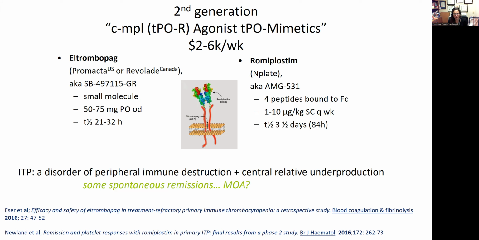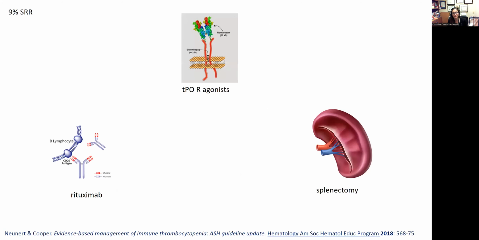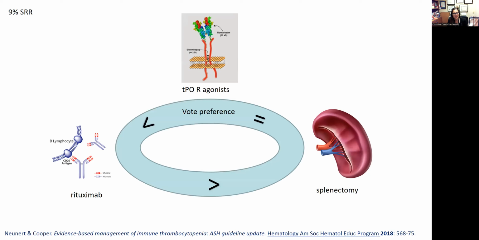Many private insurance plans don't cover it, and the Ministry of Health doesn't kick in until the patient's gone through a lot more. And so guideline bodies, many expert consensus folks will say TPO receptor agonists are favored over the maneuver of splenectomy, which induces a permanent immune defect and increases your patient's lifetime risk of overwhelming post-splenectomy sepsis.